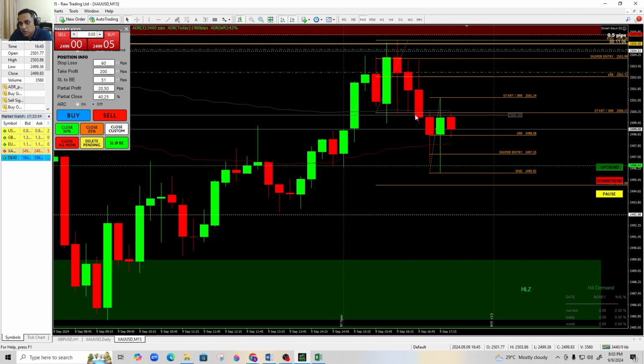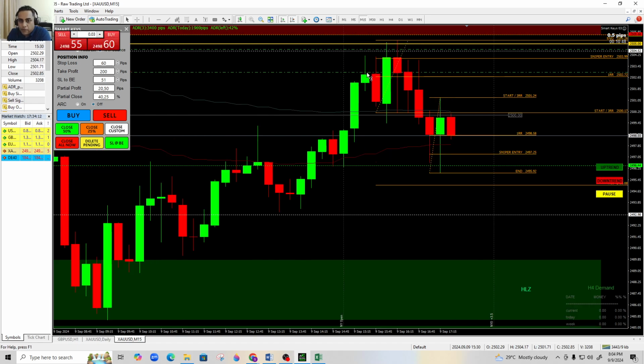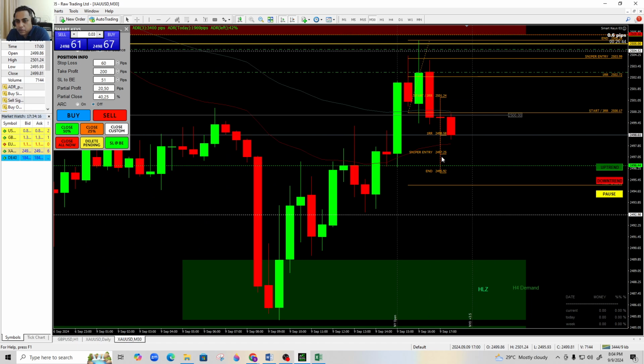So already pushing down. Do we have just one M15 candle going up here? Pushing down. We made a high in New York session. We pulled back. Not created M30 support to look for a trade to go up. It's just ranging.